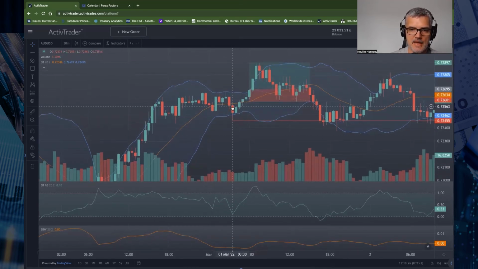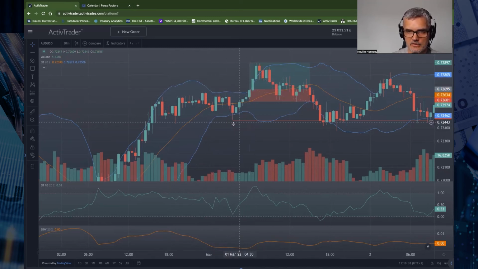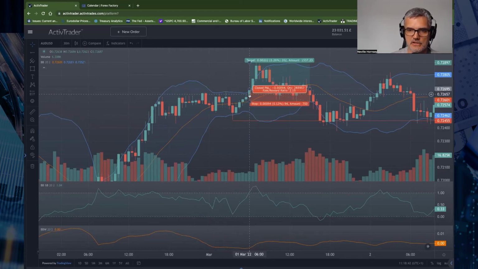Obviously, anyone that had got short here got trapped, and might have put their stops above this significant swing high here compared to the rest of the range. Come 6 o'clock in the morning, those traders took advantage of the trapped traders, or these traders just puked their position, and that's when we saw volatility expand to the upside.